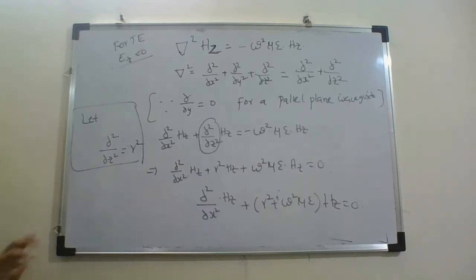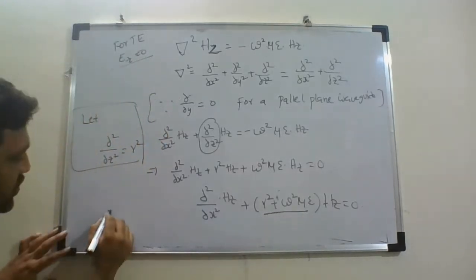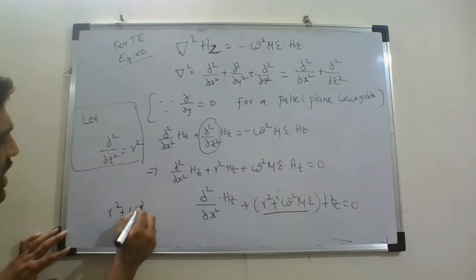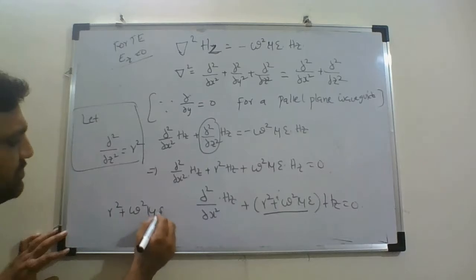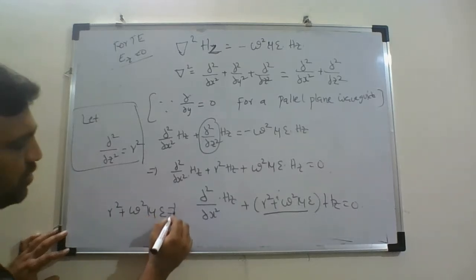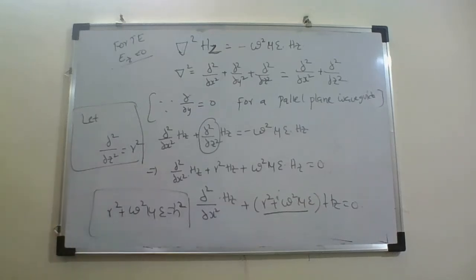In the previous lecture also we took this value, gamma square plus omega square mu epsilon, equal to a constant called h square.